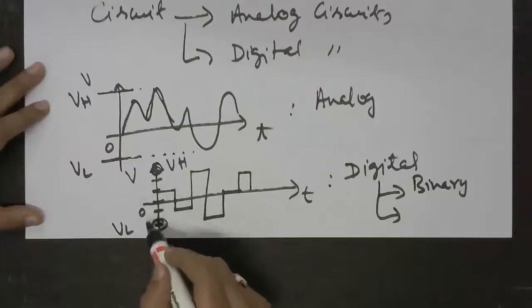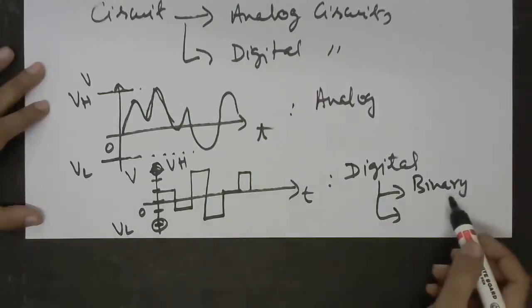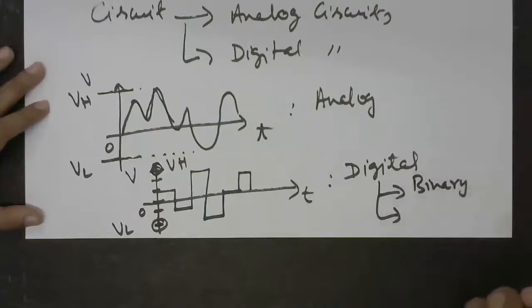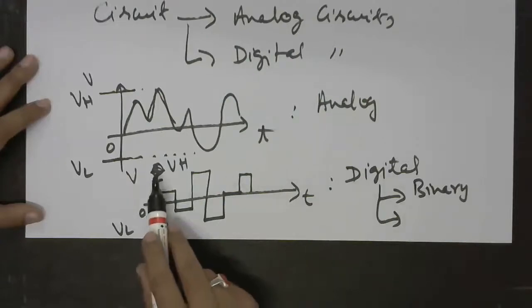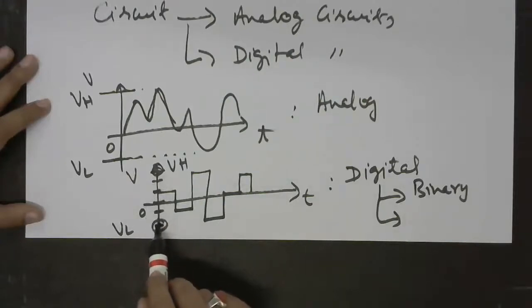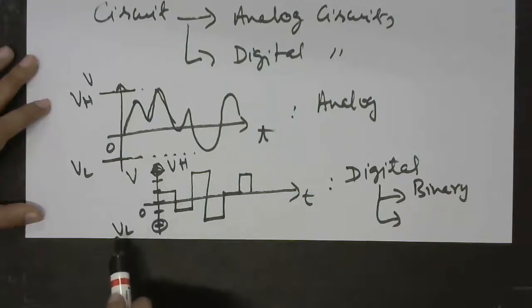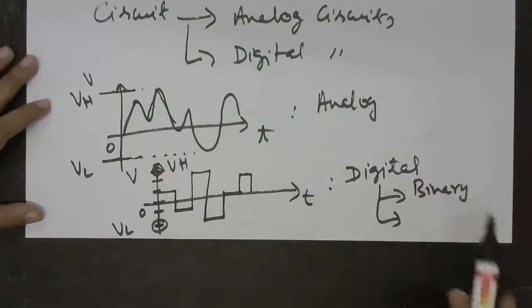So if it has only two values, then we have a binary digital signal, and in our life we actually encounter this kind of signal only. Very rarely we encounter signals where we have more than two levels, and these will be multi-level digital signals.